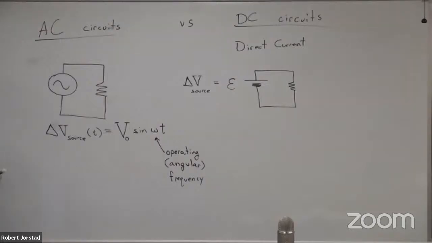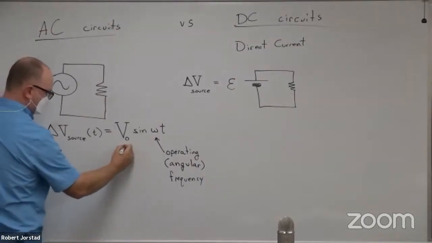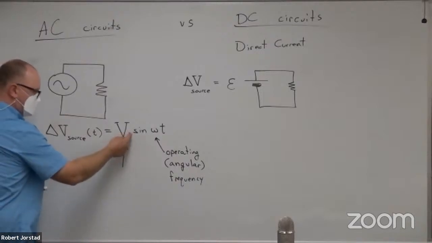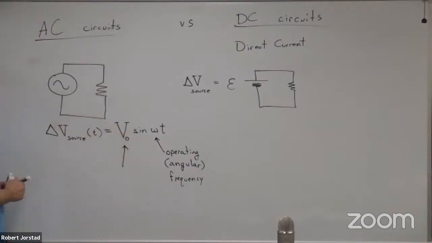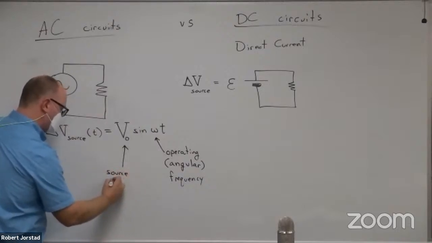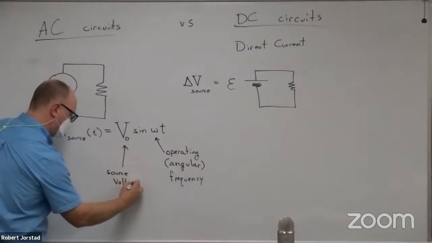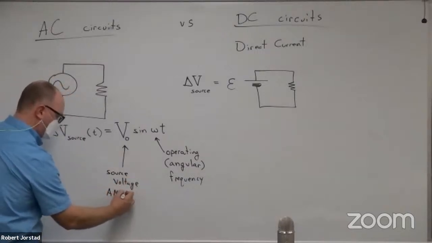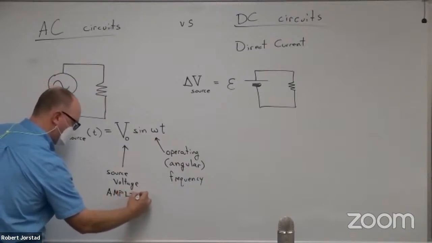All right. What is this? If you plug in t equals 0... oh, that's true. What's the name for the thing that sits out front of a sine function? Amplitude. So I would call this the source voltage amplitude. It is not the source voltage. Do you agree? Yes.